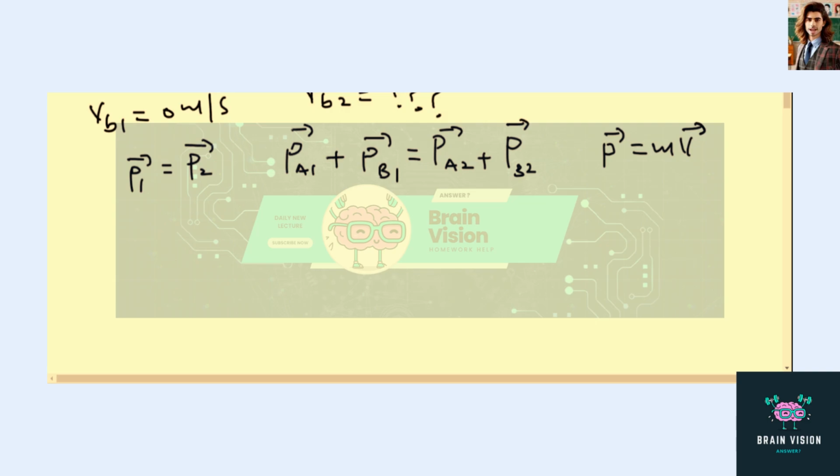Since momentum equals mass times velocity, we can write ma times va1 plus mb times vb1 is equal to ma times va2 plus mb times vb2.